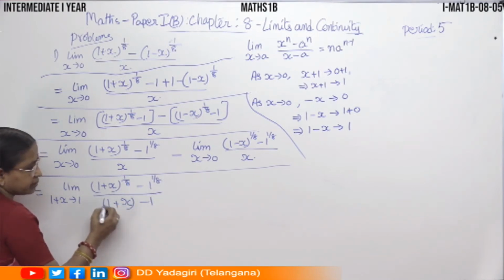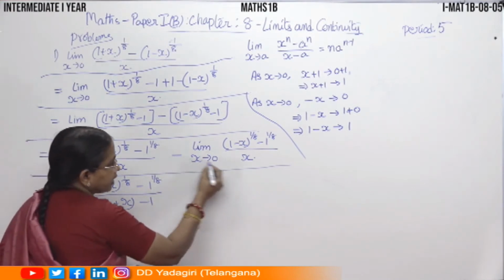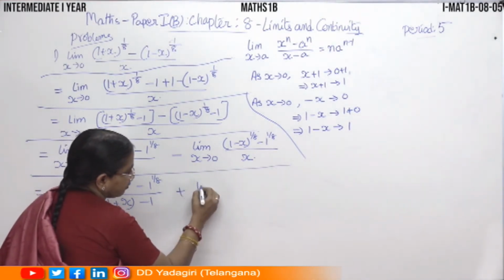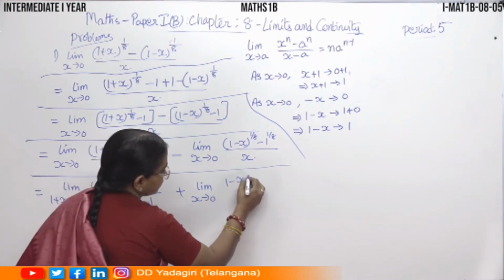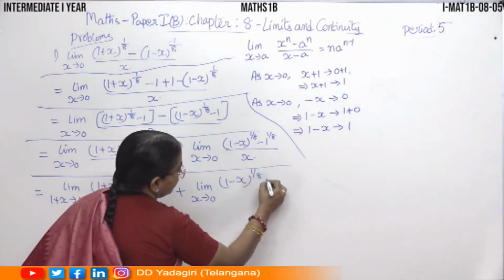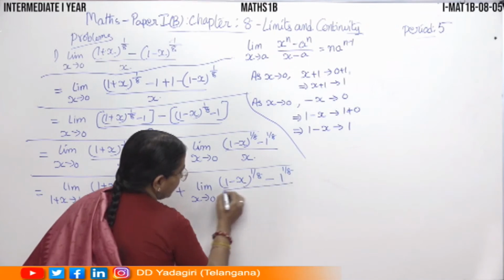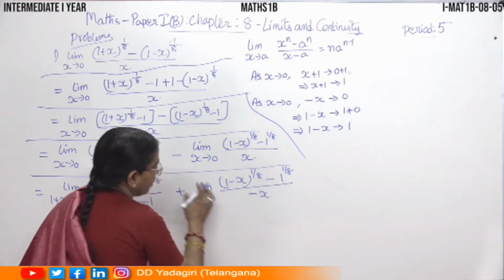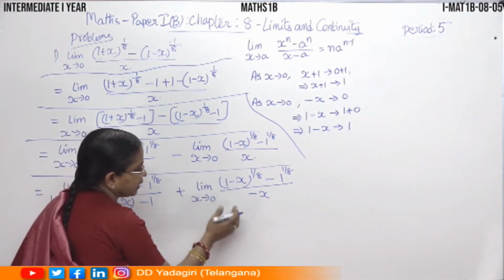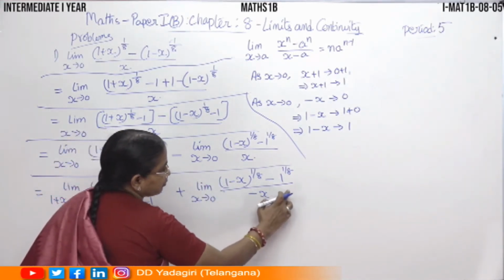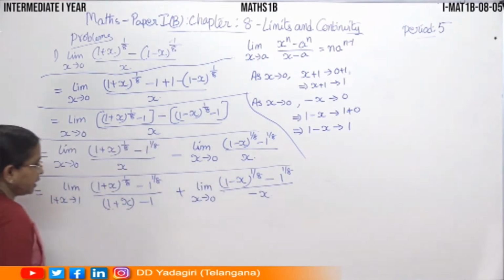We'll put brackets for this minus. This minus we will bring down here and we'll write plus limit x tending to 0 of (1 minus x) whole to the power 1 by 8 minus 1 power 1 by 8 by minus x. After bringing minus 1 here, we multiply and divide by minus 1. Now add 1 and subtract 1 so that it is in that standard form.